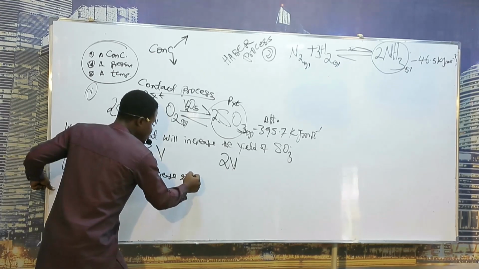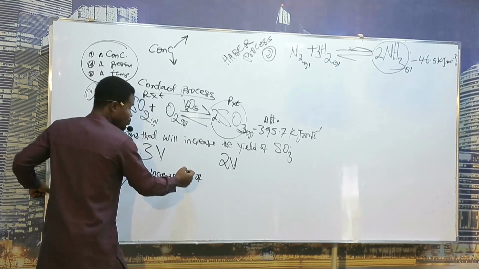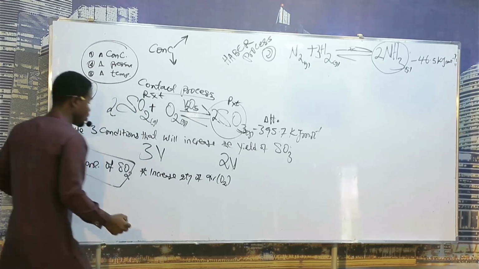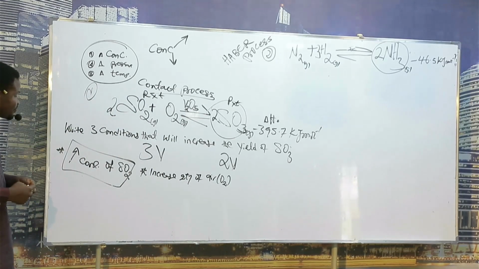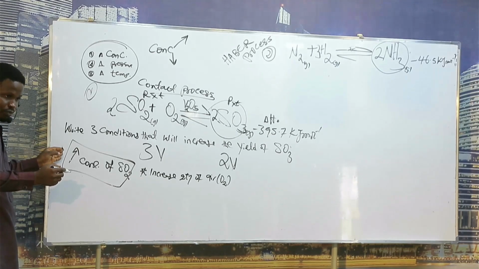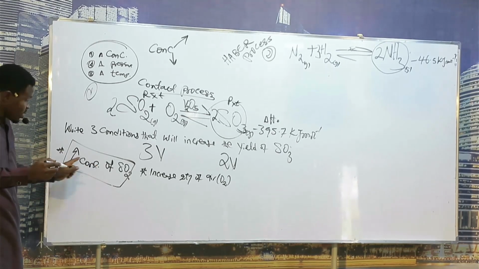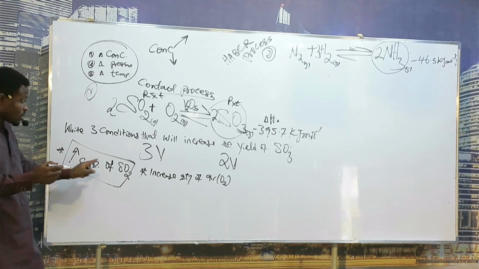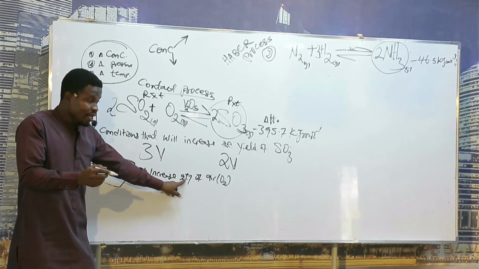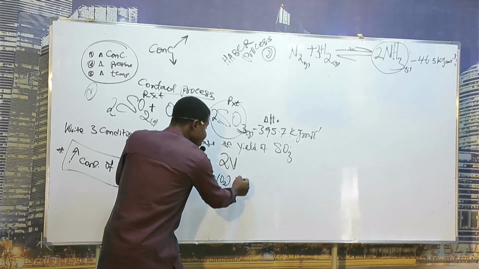Increasing the quantity or volume of air, which is O2. And what else can we do again? We are discussing concentration now. First is concentration. Increasing the concentration of SO2. Increasing the quantity of air. Still on concentration.